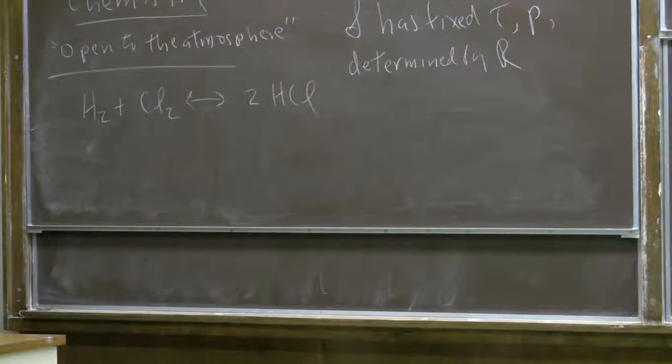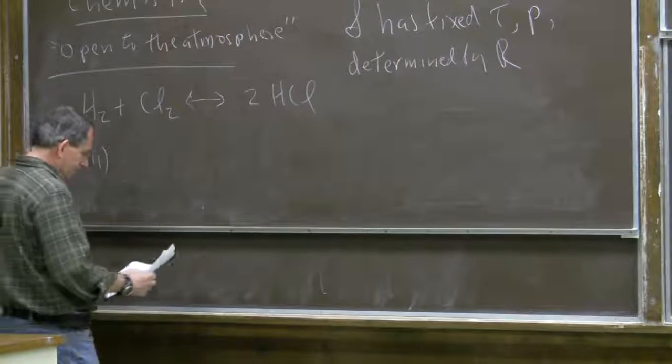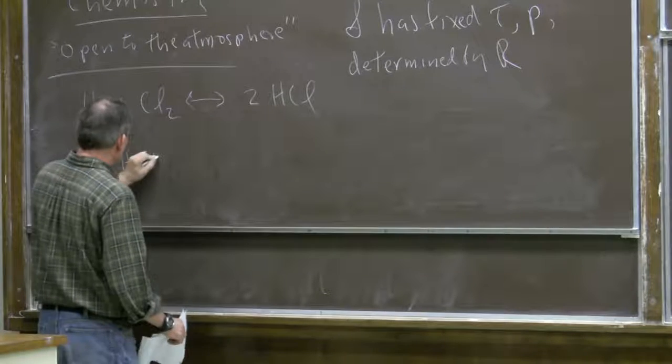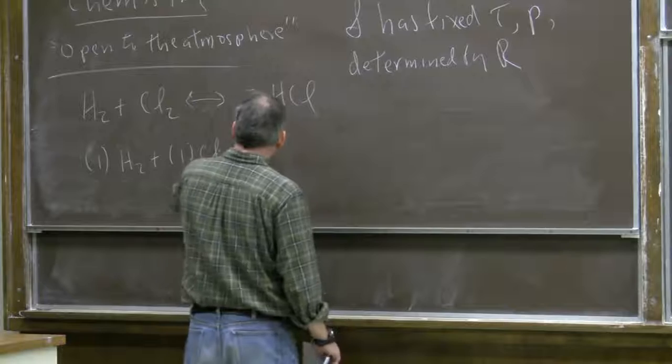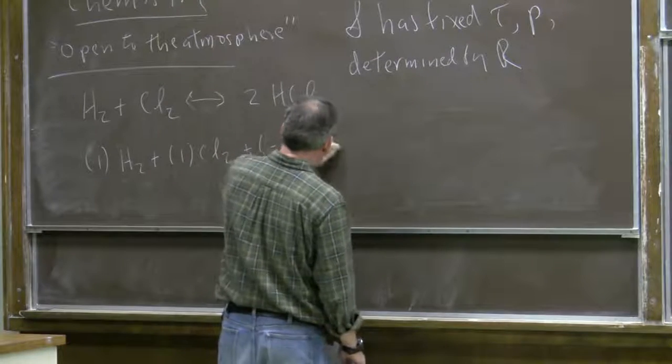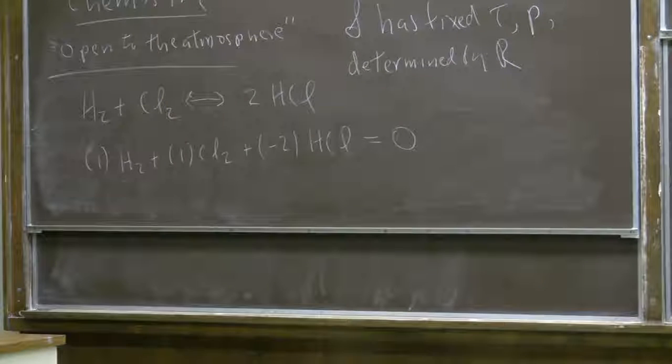So we can write that as an algebraic equation: 1 H2 plus 1 Cl2 minus 2 HCl equals 0.